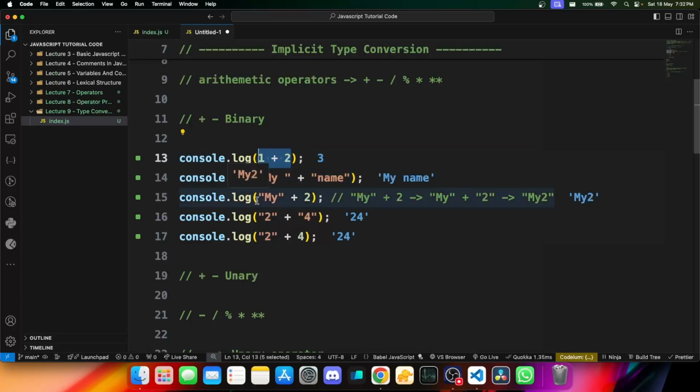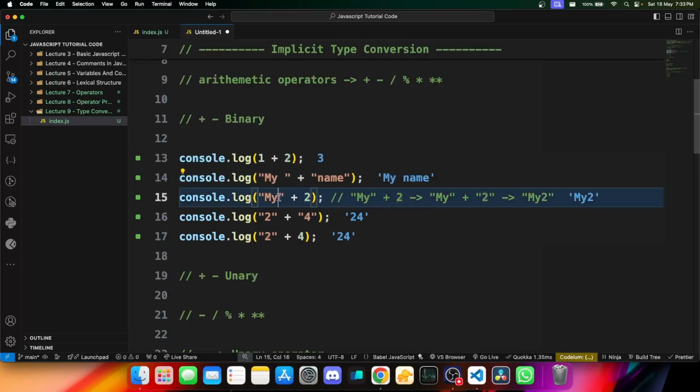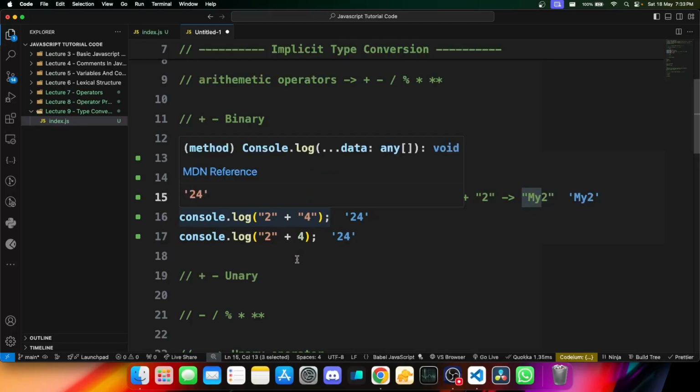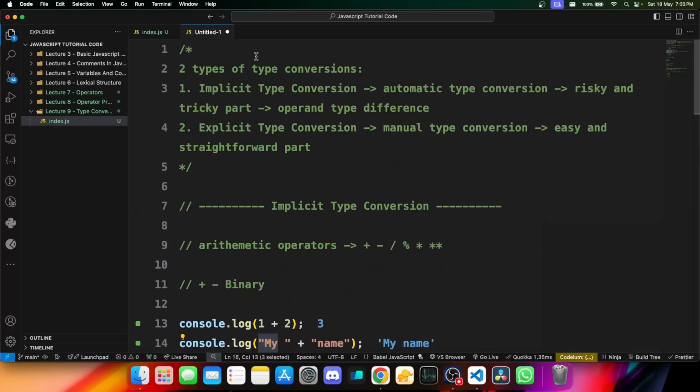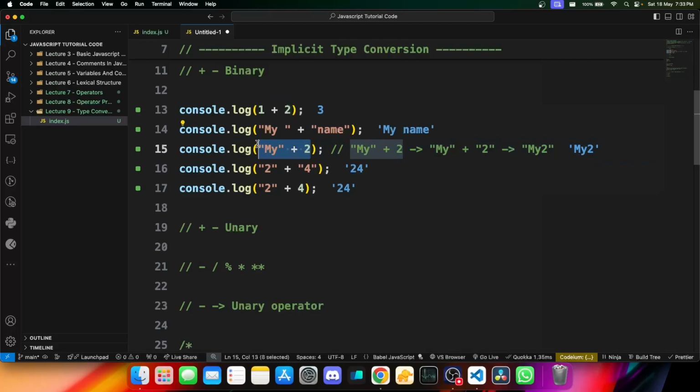In the third case, you did a mix: you passed a string and a number with the plus operator. In this case, as I told you in the operators lecture, concatenation would happen. But concatenation wouldn't have happened if implicit type conversion didn't occur, because you are passing operands of different data types. Can you add these things?